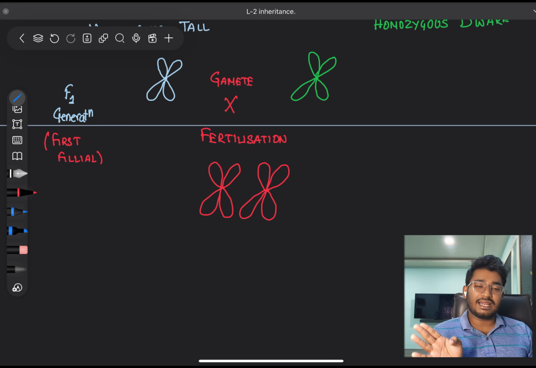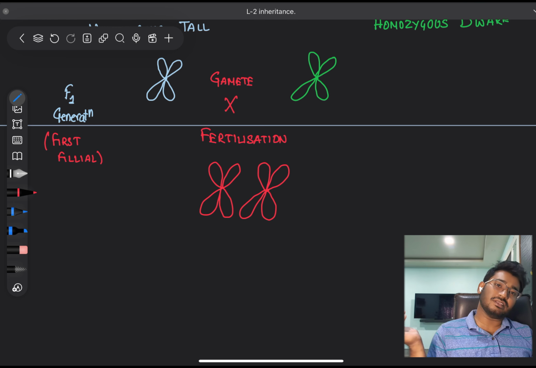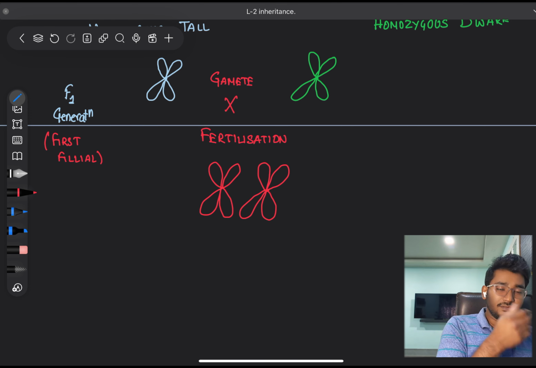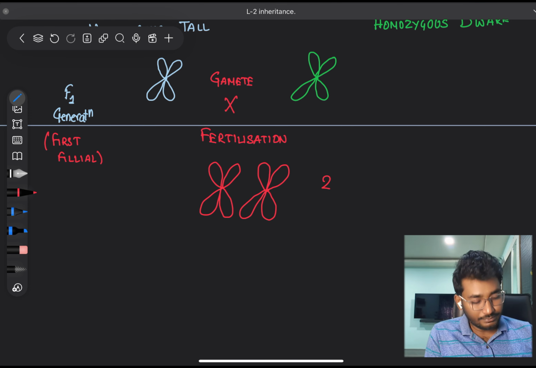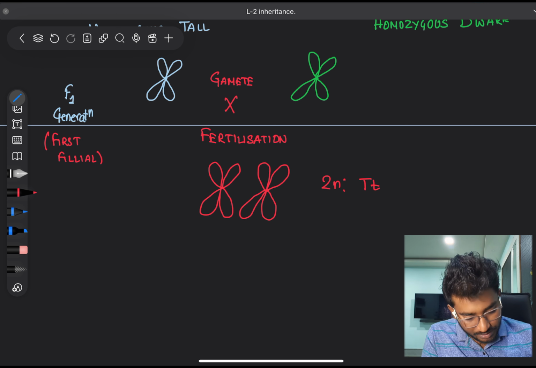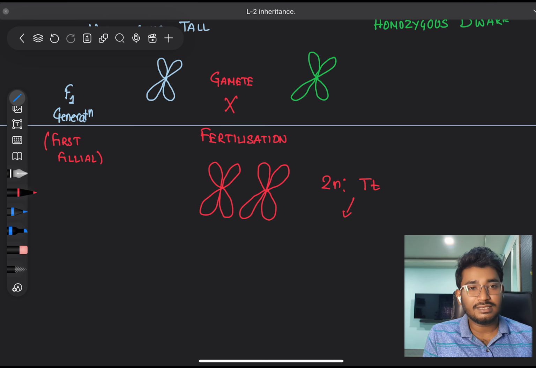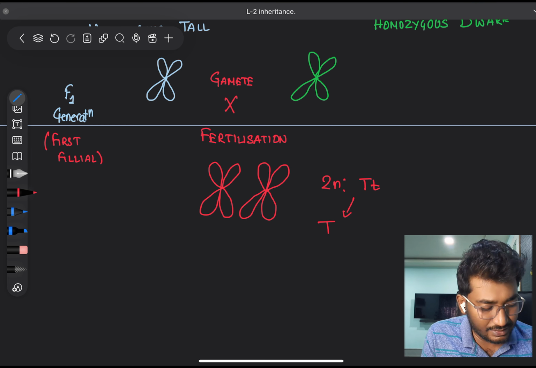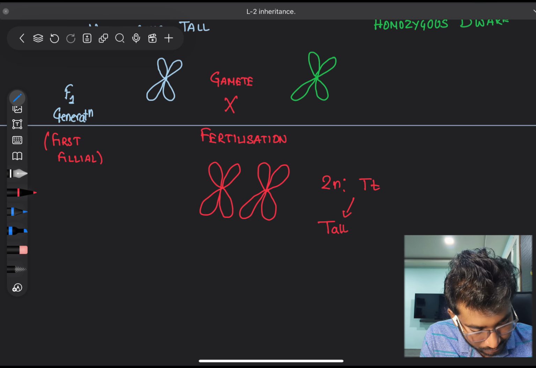As the dominant character resembles in the next generation, capital T is dominant over small t, so the 2n is capital T small t, but the outside character, by which you can tell tall or dwarf, is always tall.